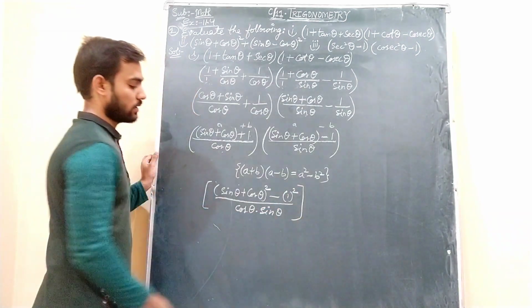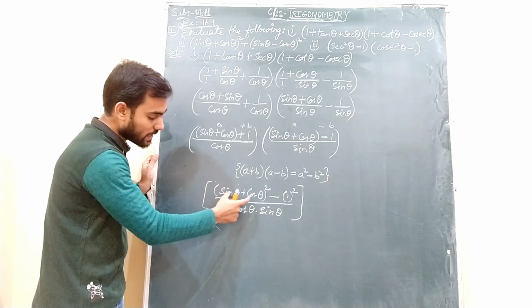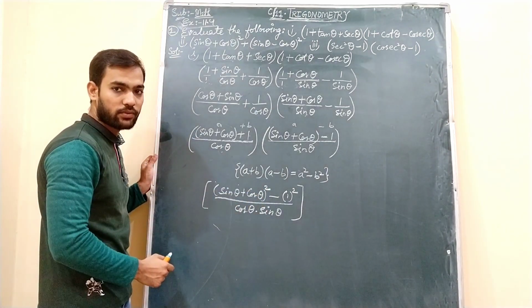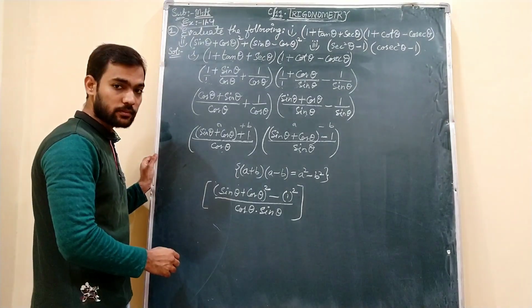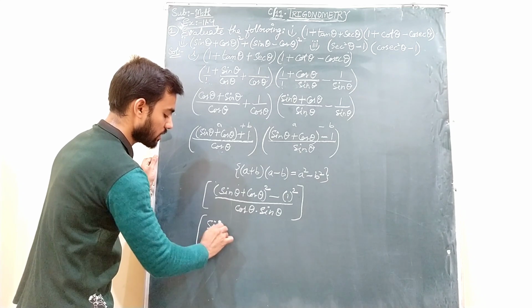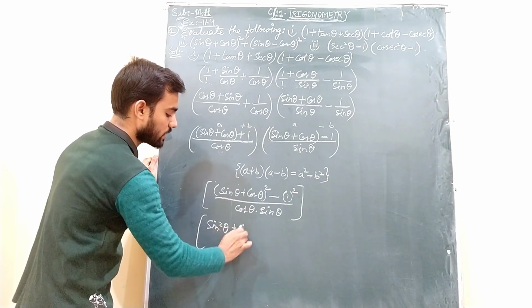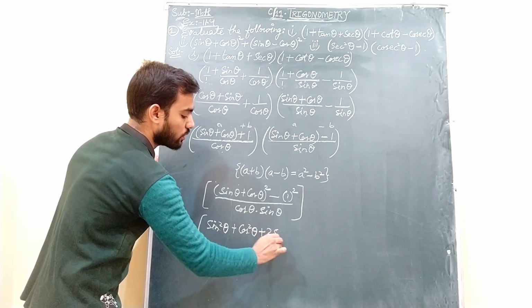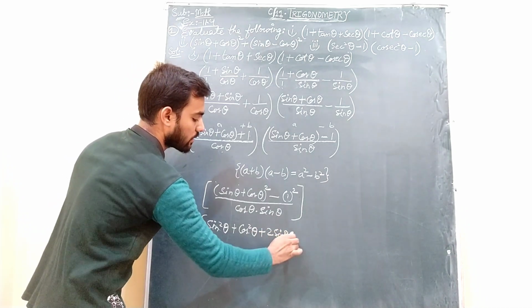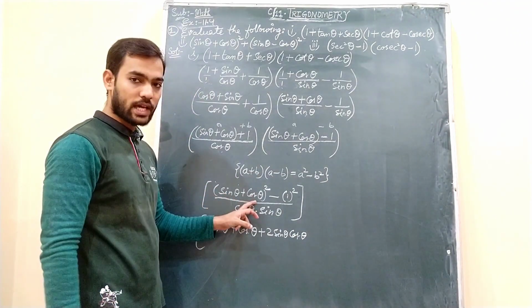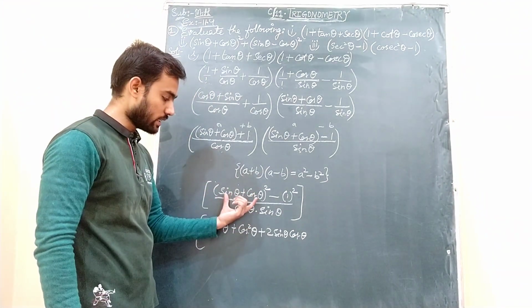Okay. Now, if you see this part again, it is like a plus b whole square. Remember the formula of a plus b whole square? Right. So a plus b whole square is a square plus b square plus 2ab. Instead of a we are having sin theta, instead of b we are having cos theta over here, only in this expression.